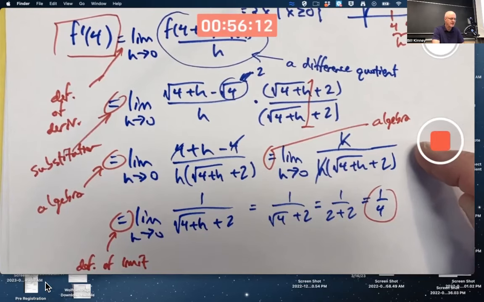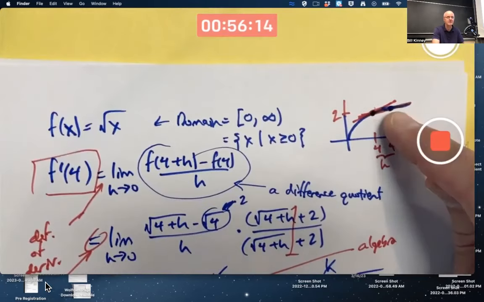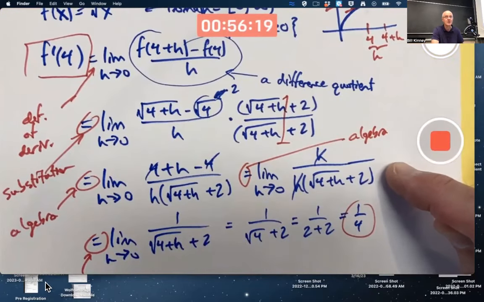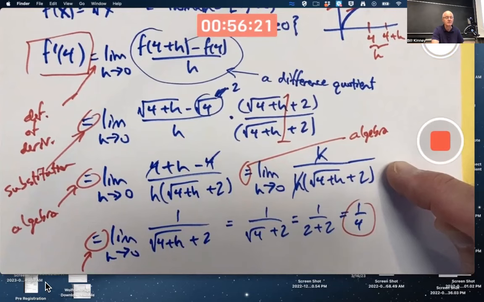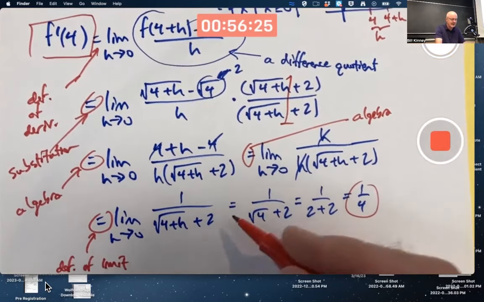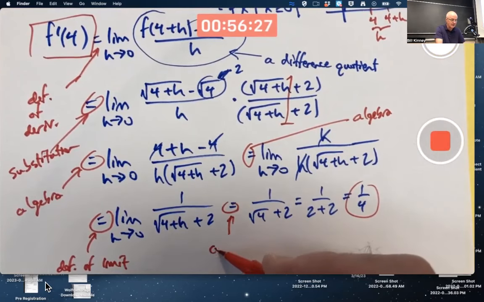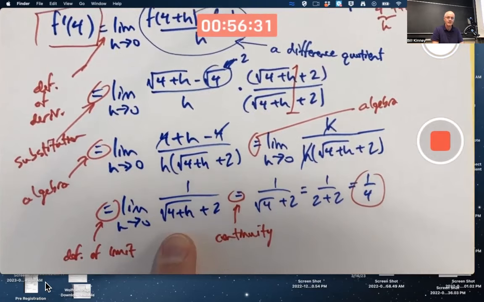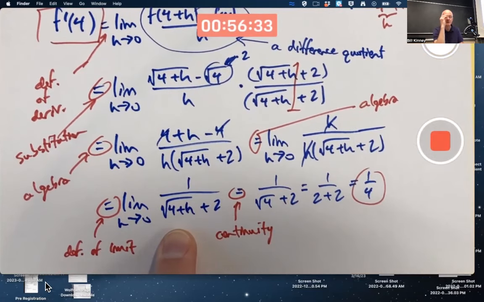Have I graphed this function of h? No, I haven't. I graphed the original function, the square root of x. I have not graphed this function. I'm just doing algebra. This technically is also more significant. That's continuity. I'm not dividing by 0 when I plug in h equals 0 here.